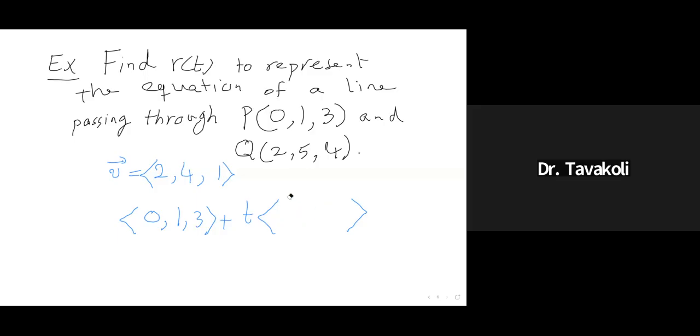The vector connecting these two is this vector, (2, 4, 1). But here, to find r of t, in fact, this is r of t, we go a little bit further than that because we want to write this r of t with 3 coordinates in terms of t.